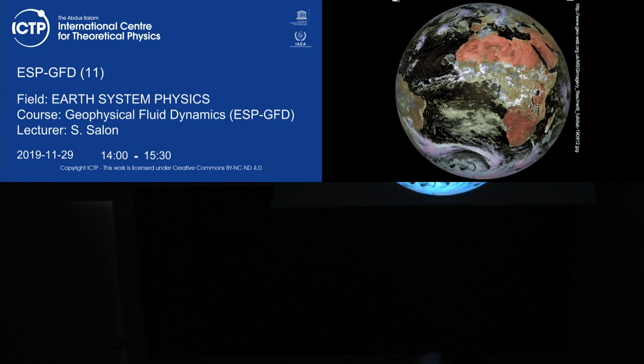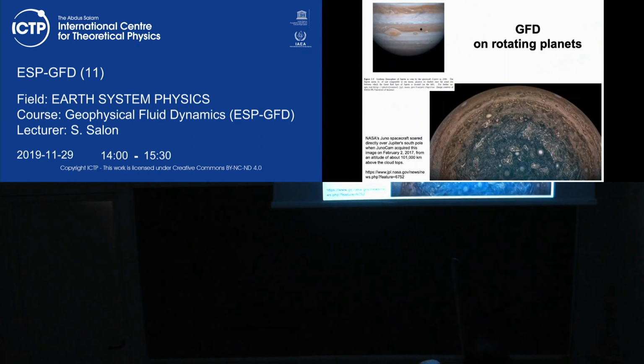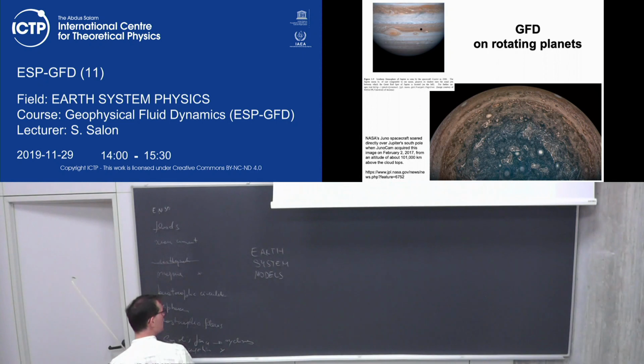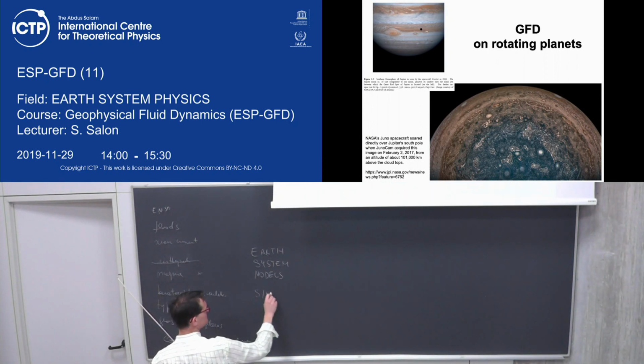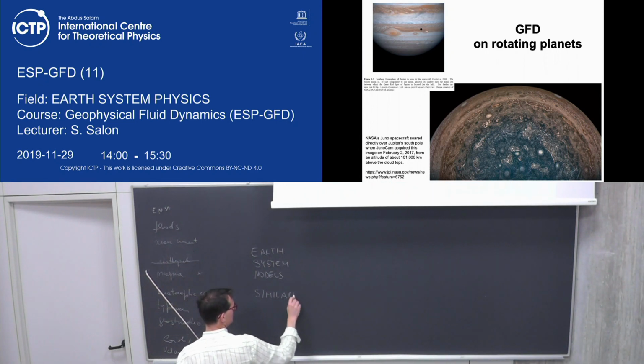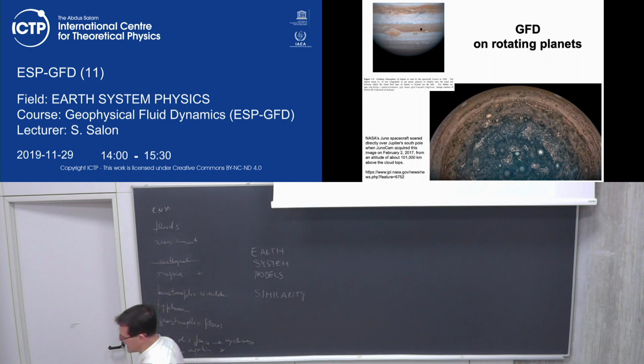Okay? So another concept that we can consider is similarity. And this is a characteristic that comes directly from fluid dynamics, because you can use fluid dynamics to study not just the fluid dynamics on the Earth, but also in the Earth.